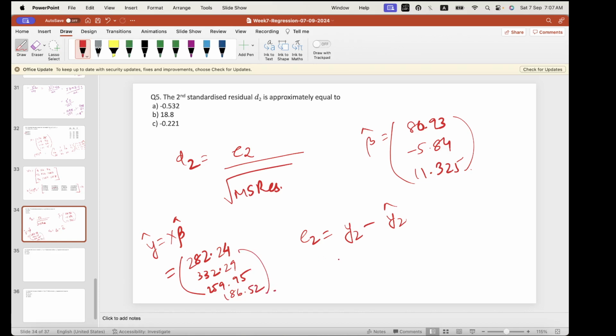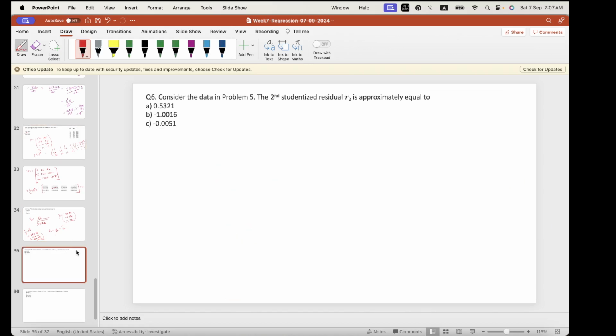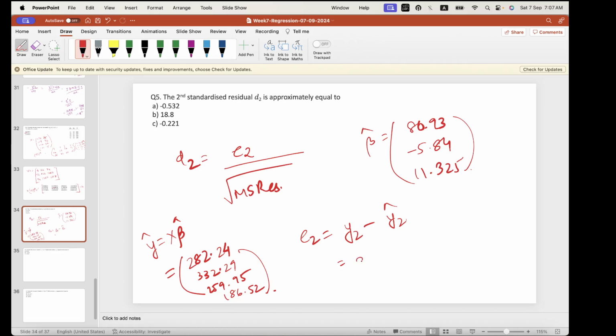Okay, so E2 will be what? E2 will be Y2 minus Y2 hat. Now what was Y2? Y2 was 327. So E2 will be 327 minus Y2 hat, which was how much? 332.29, divided by root over MS residual.